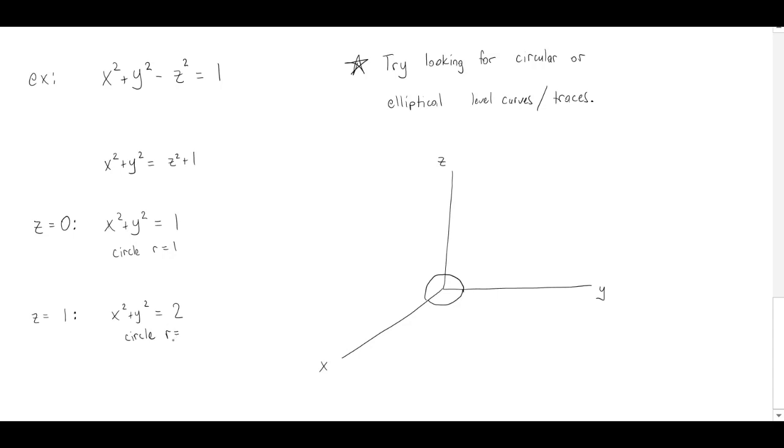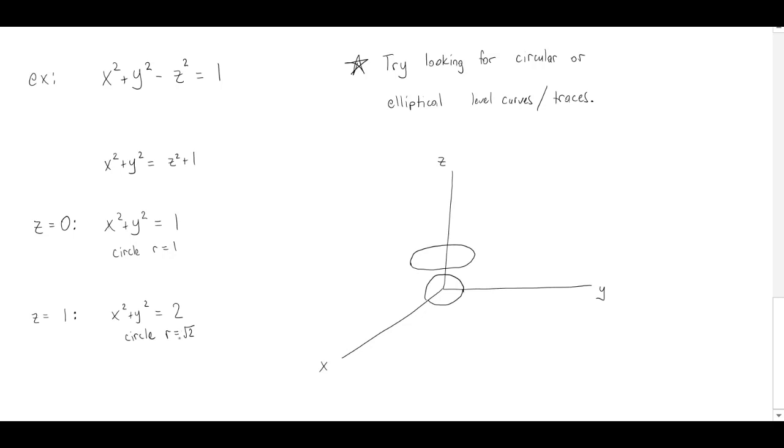Yeah, square root of 2. So don't forget to take the square root to get the radius. You can kind of see what's going to be happening. This is similar to the examples that we've seen so far. As z gets larger, the radius of the circle gets bigger.